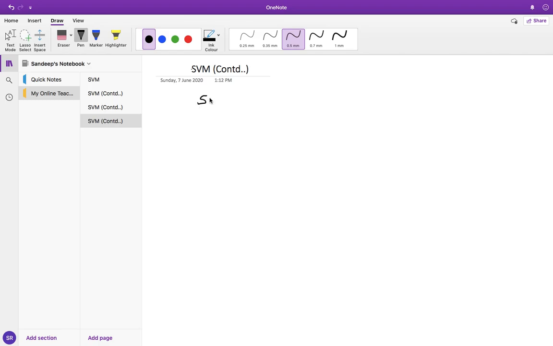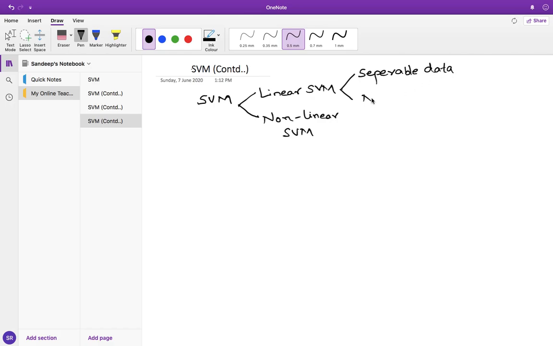The SVM can be of two types: a linear SVM and a non-linear SVM. A linear SVM can once again be worked out on separable data and non-separable data.